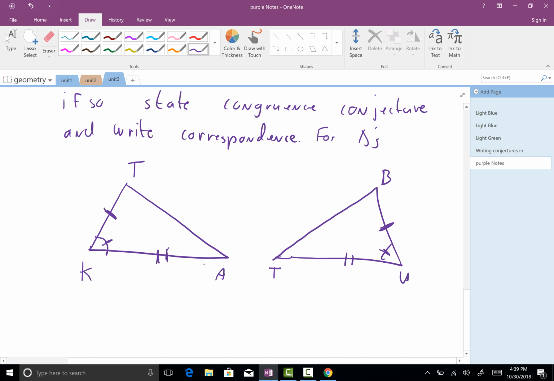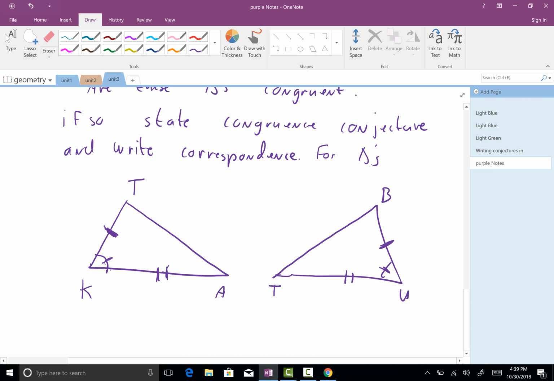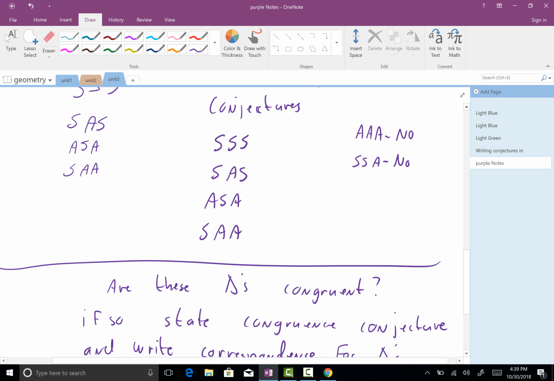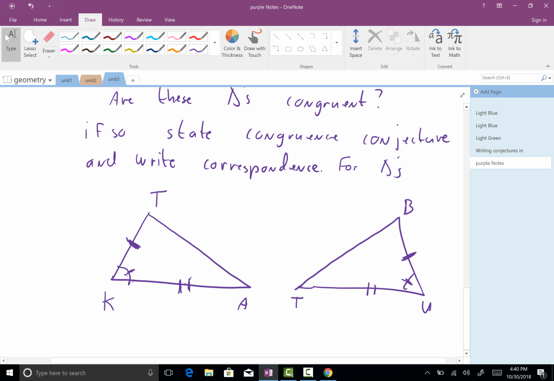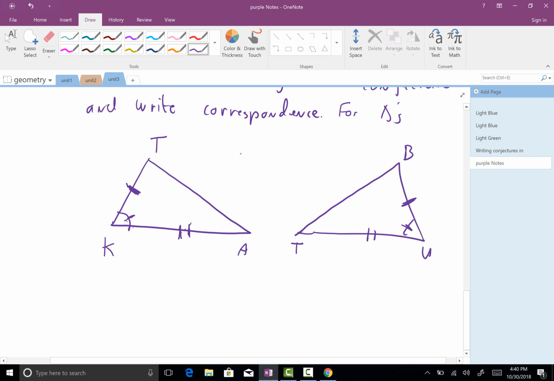I'm looking at these triangles, and I notice that I have a side, an angle, and a side. Side, angle, side. So I look at my conjectures. Sure enough, side, angle, side is one that works. So are these triangles congruent? The answer is yes.